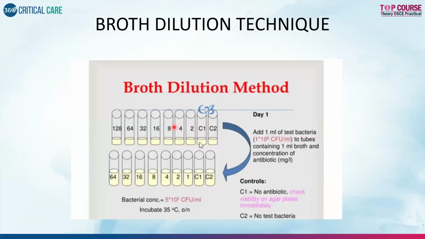Based on the clearance of the organism at one particular concentration, we understand that this antimicrobial is working at that concentration. First it will flag it, and after flagging it will tell us at what concentration the antimicrobial effect is better. So whenever we are getting MIC directly, majorly it will be from your broth dilution technique.